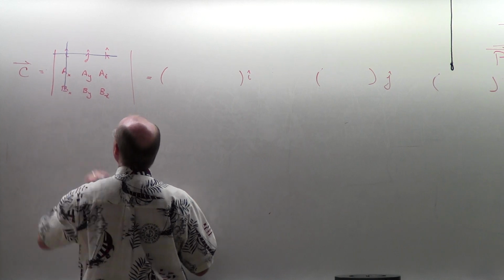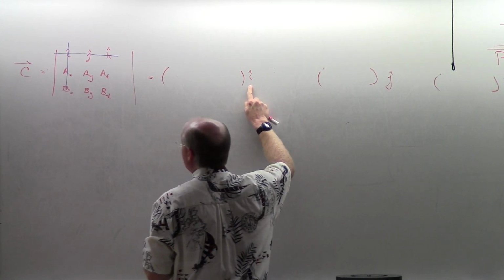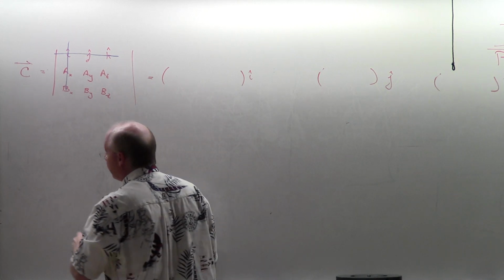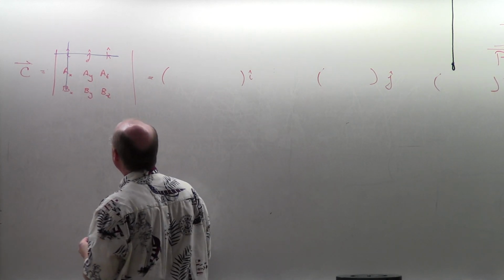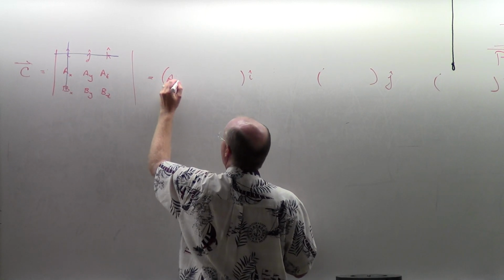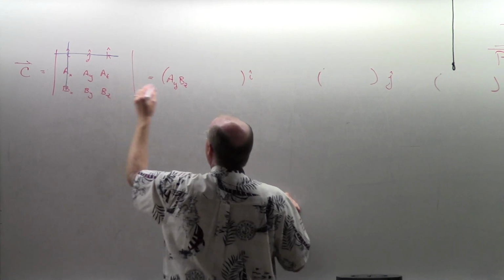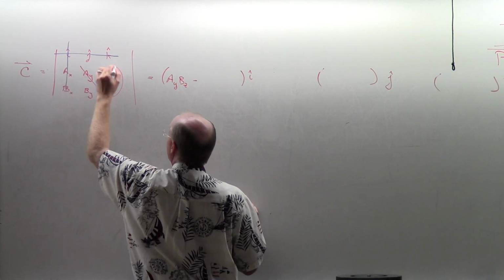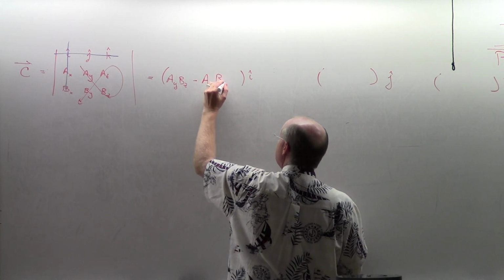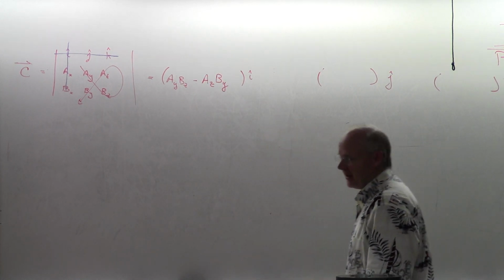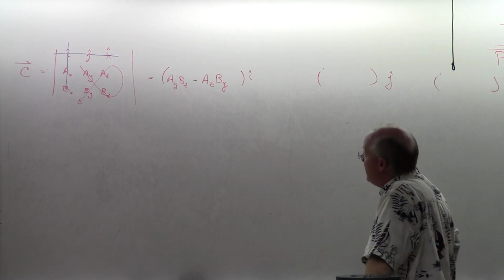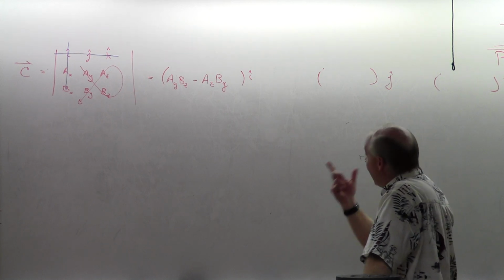You think of it this way. You go to the first one and you cross out its row and column, and then you're left with just this 2 by 2. And you kind of go in a diagonal and you multiply them together, A_y B_z, and then you kind of swoosh around and subtract the A_z B_y. And so that would be the expansion of that matrix.